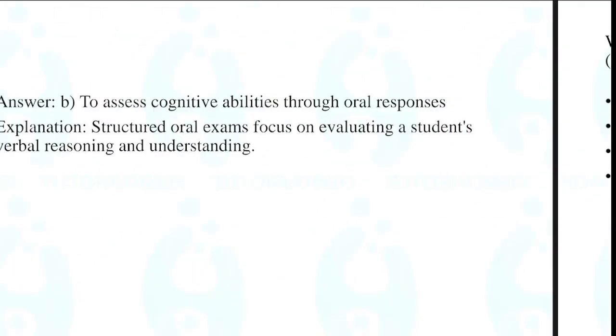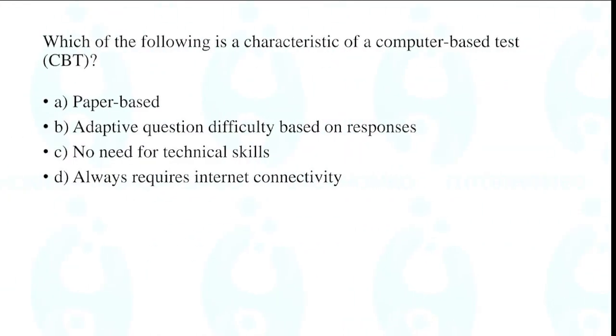Next question is, which of the following is a characteristic of a computer-based test? Is it a paper-based test? Definitely, it is not a paper-based test, right? So we can cut this particular answer. Next one, adaptive question difficulty based on responses. Then no need for technical skills. See, technical skills are always required to use a computer, so definitely this is also not the answer.